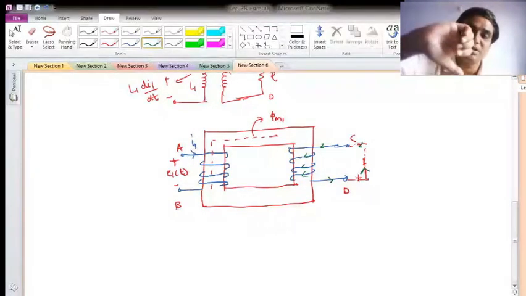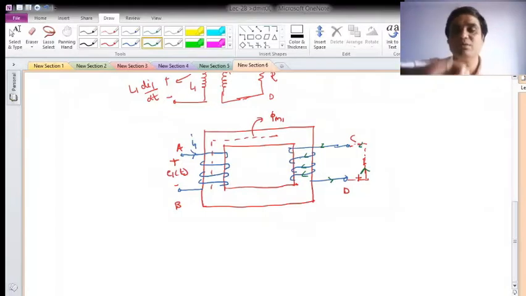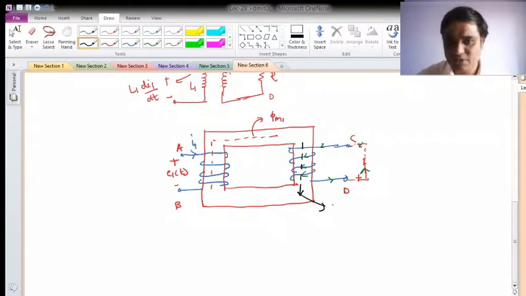So if I am putting the coil like this, what will happen with the direction of flux? It will move in this direction. Let me draw with another plane. So the flux will move in this direction, say this I will call phi m2. So in this case, phi m1 is moving in this direction, and phi m2 is also moving in this direction.